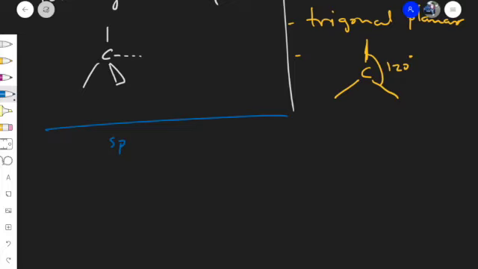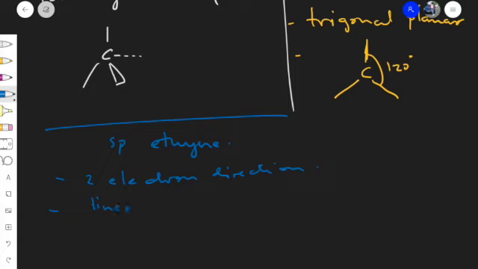The last one that we talked about is sp hybridization, and in sp hybridization, a good example is ethine. In ethine, we have 2 electron directions, and in these 2 electron directions, we are going to have a linear shape.